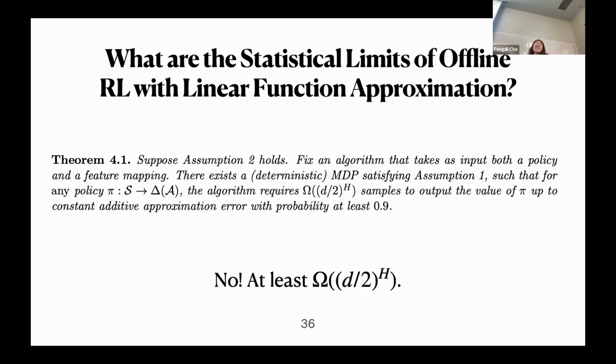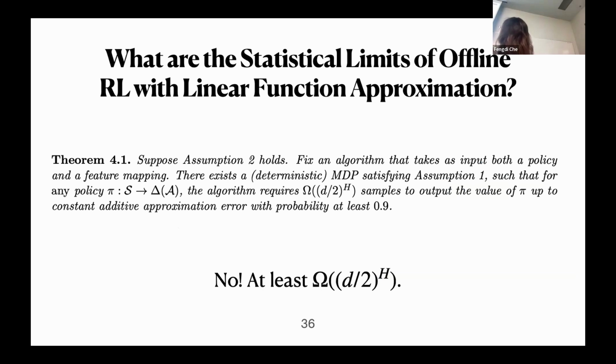And what people figured out is, no, this assumption for supervised learning does not work here for offline RL. Let's try to read the theorem again. So it's: suppose assumption 2 holds. We already read assumption 2, and fix an algorithm that takes as input a policy and a feature mapping.